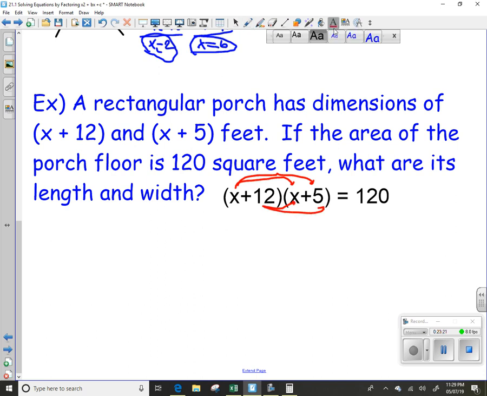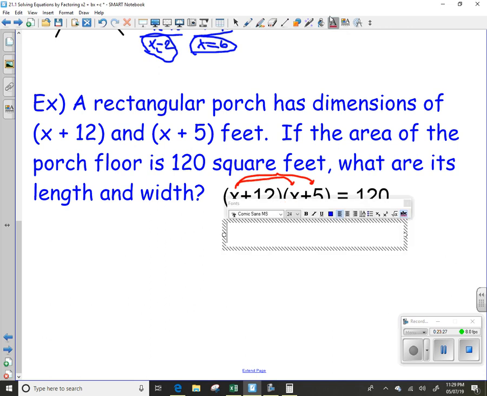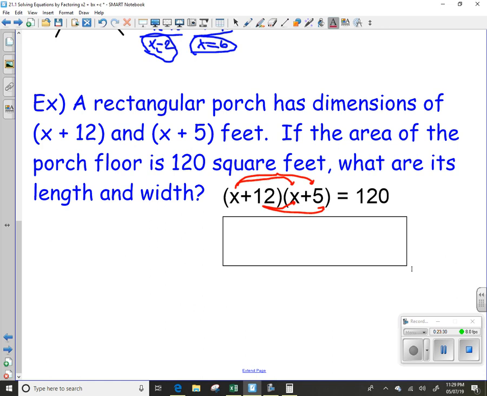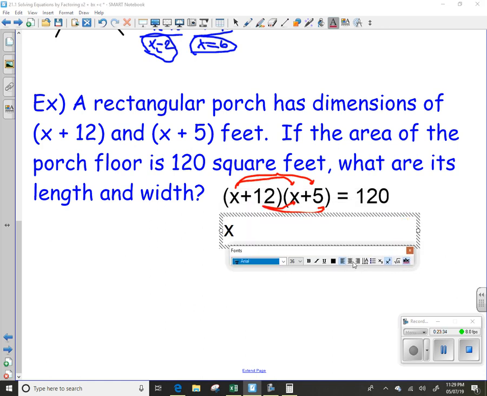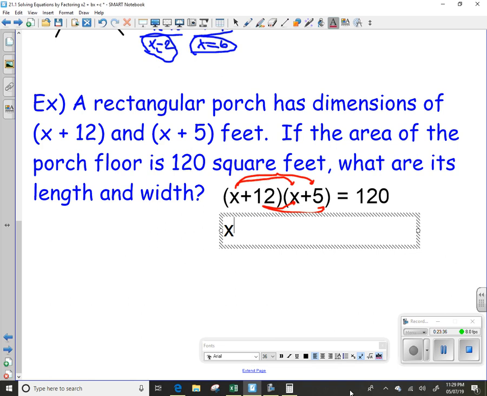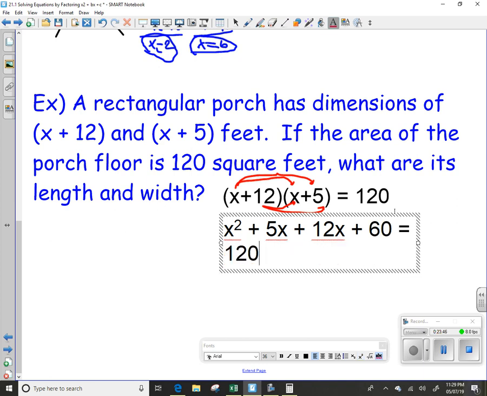So in this case, if I FOIL or multiply that out, I would get x squared plus 5x plus 12x plus 60 equals 120.